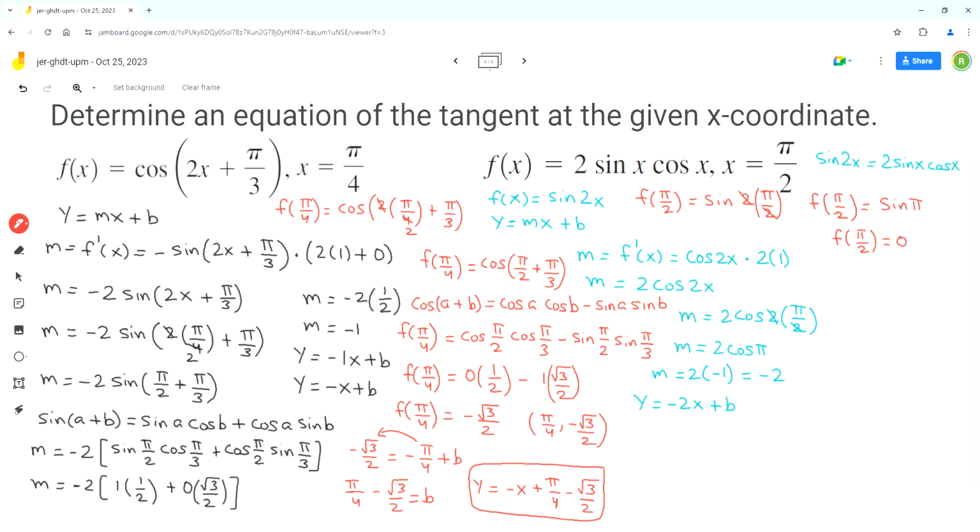So the point is, so we can sub in this point in the equation of the tangent to find the b value. So we'll sub in y as 0 and x as pi over 2. So the 2's get cancelled out.